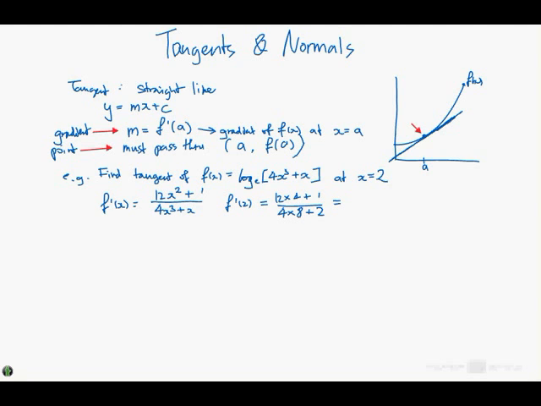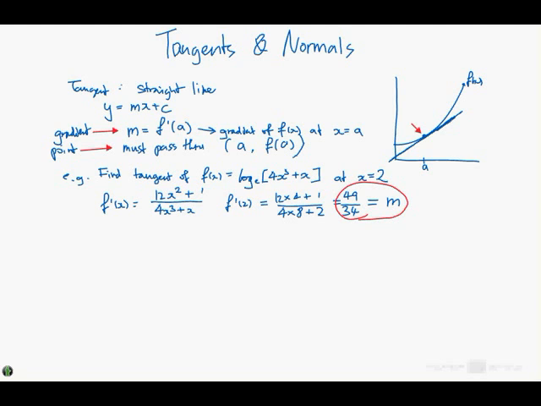It's just going to be 49 over 34. So immediately we know that in y equals mx plus c, m is going to be equal to 49 over 34. Simple.